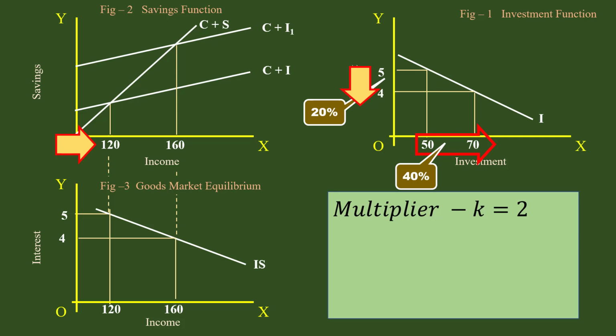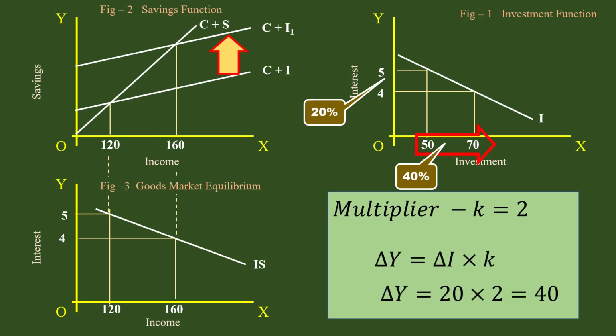A small percentage fall in interest, 20%, causes a large percentage increase in investment, 40%. The investment curve I is more elastic. It is relatively flat. Okay. Look at figure 2. The net increase in investment, 20 rupees, shifts the aggregate demand curve from C plus I to C plus I1.